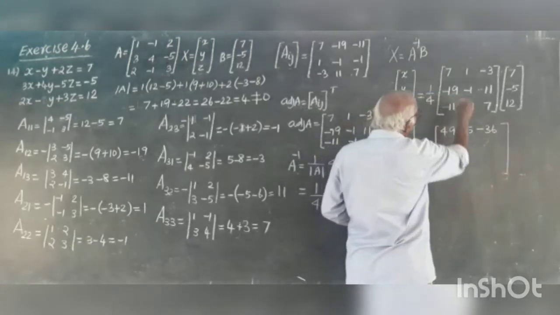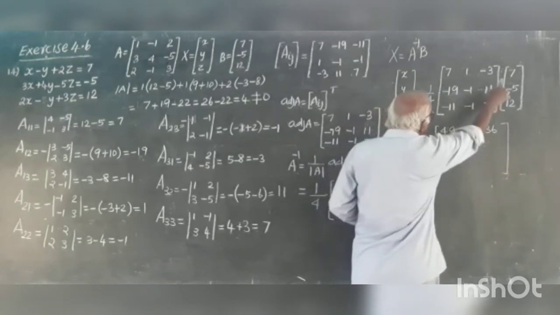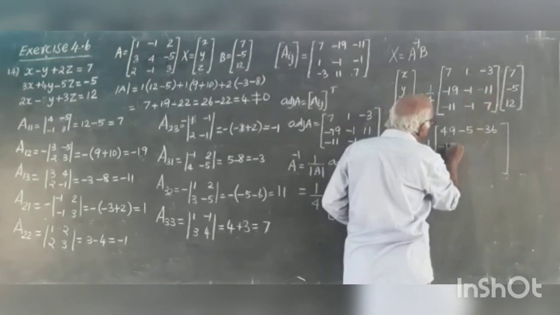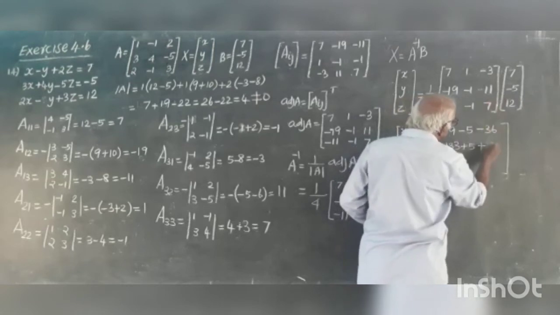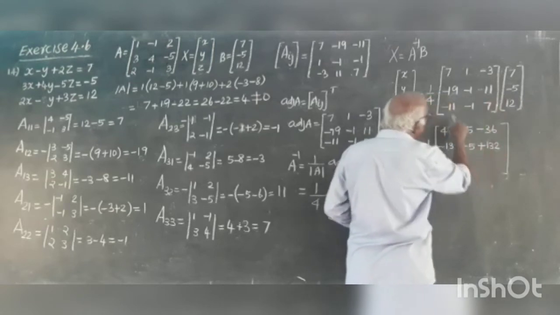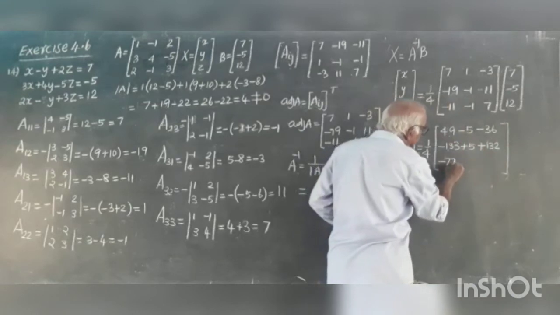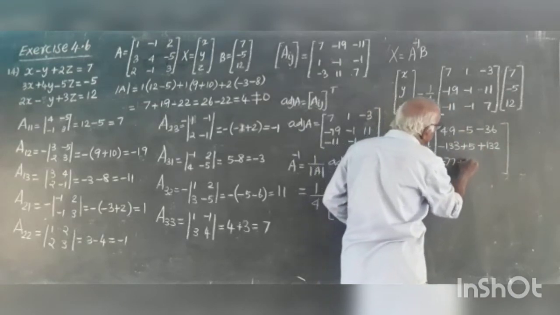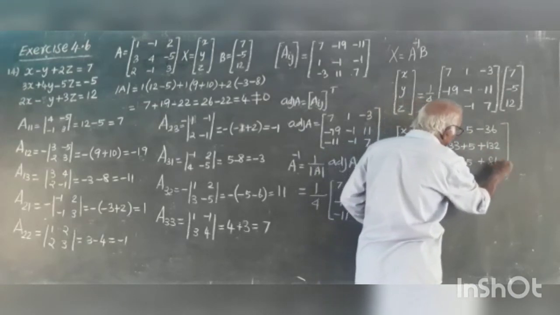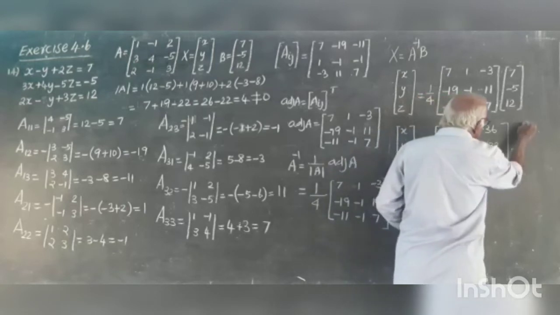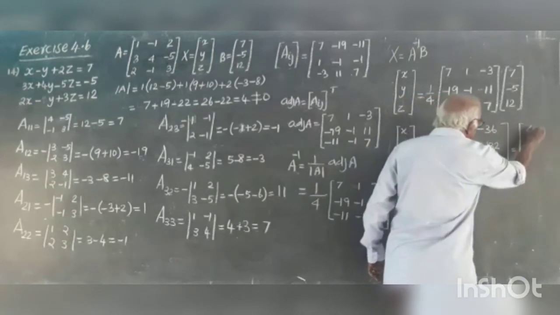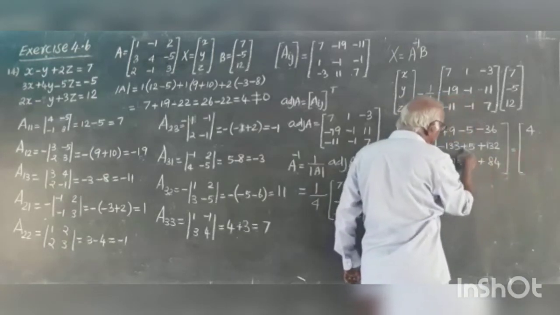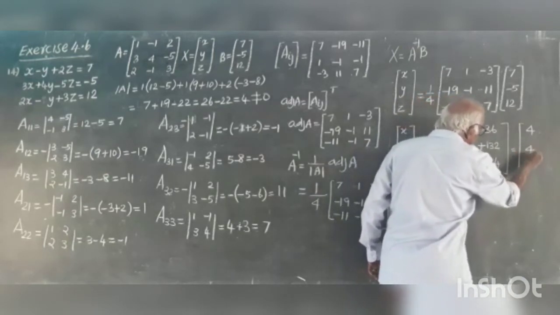Second row: 7 threes are 63 minus 133 plus 5 plus 7 twelves are 132. Then minus 77 plus 5 plus 84 is equal to, this will become minus 45 plus 4. This will become minus 1 plus 5, 4.